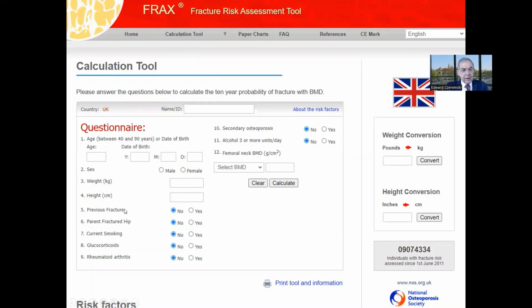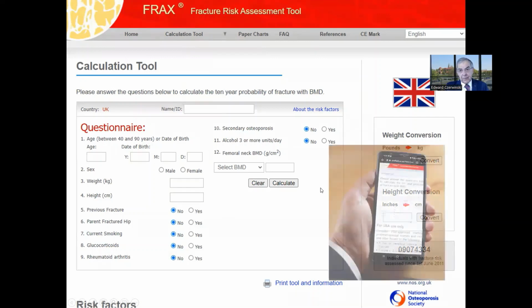Then there are questions about the fracture risk factors: previous fracture, parental fracture, current smoking, glucocorticosteroids, rheumatoid arthritis, secondary osteoporosis, alcohol abuse, and that's it. You press calculate, and it will immediately calculate your fracture risk.